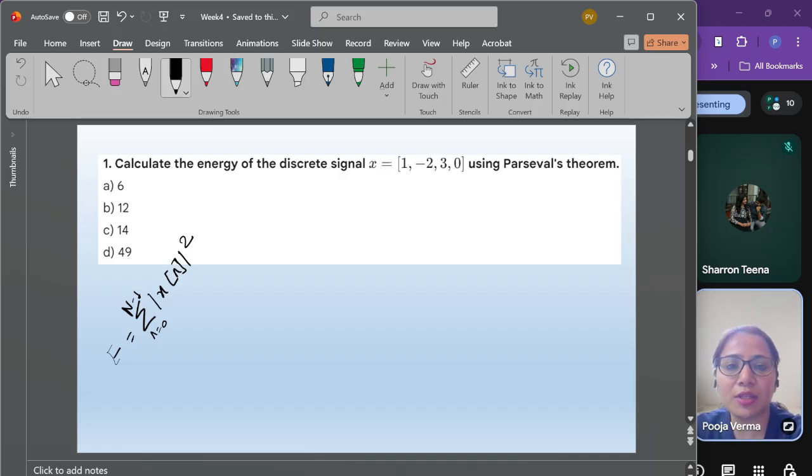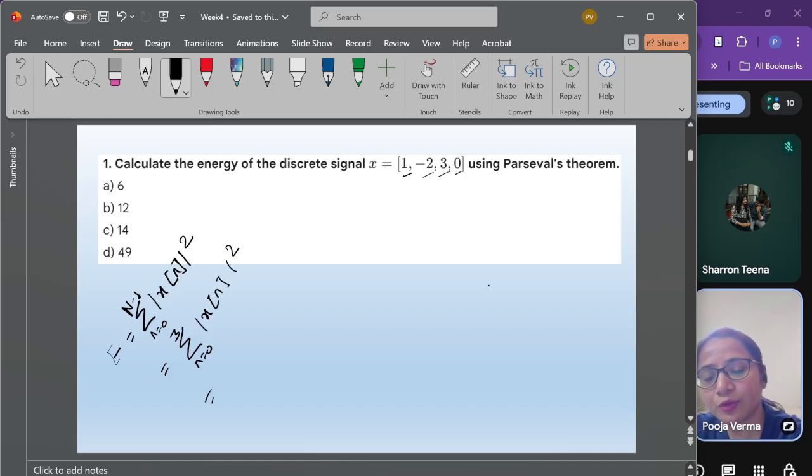So here, how many samples are there? 4, right? 1, 2, 3, 4. So n will vary from 0 to 3 of mod of x of n square.